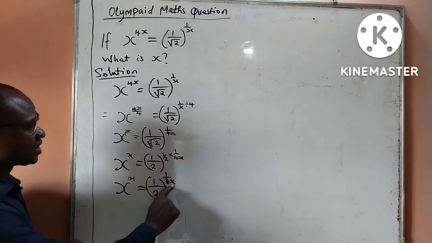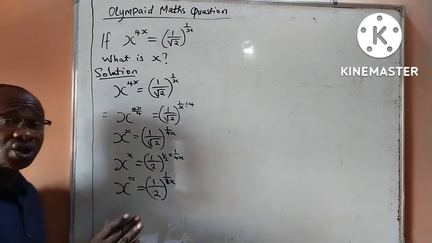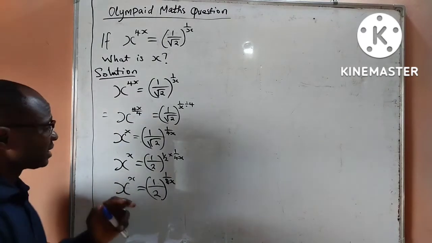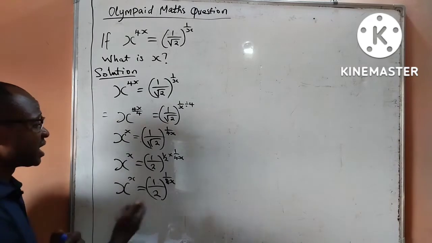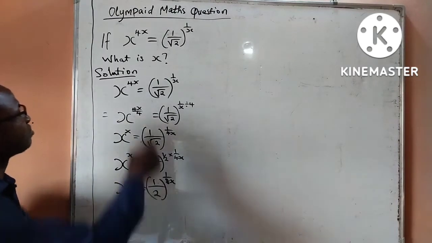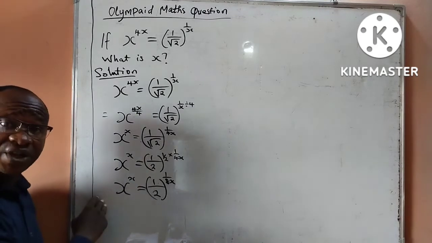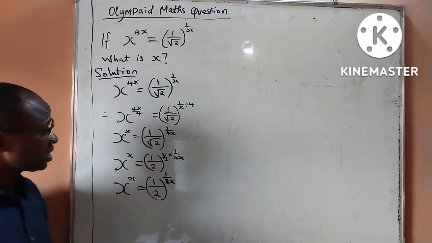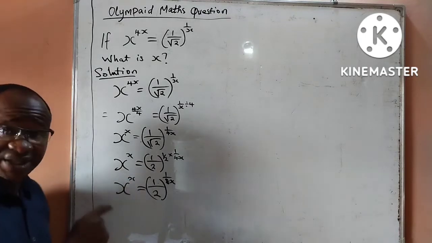So I want to remove this x so that I will not have x on only one side. I can now begin to work on the right hand side to get the exact value of x, because I'm interested in getting x. And I cannot get x when I have x on the left and also x on the right. To do that, I will multiply both sides by x.